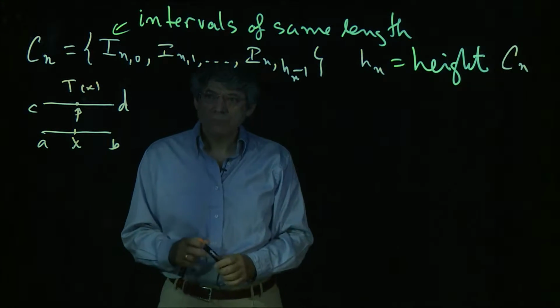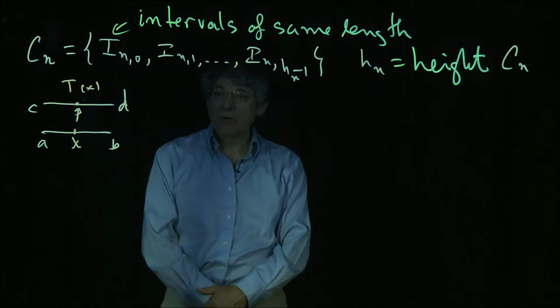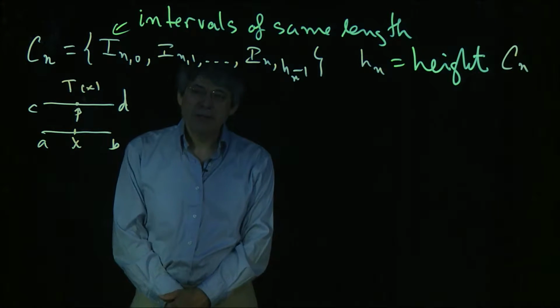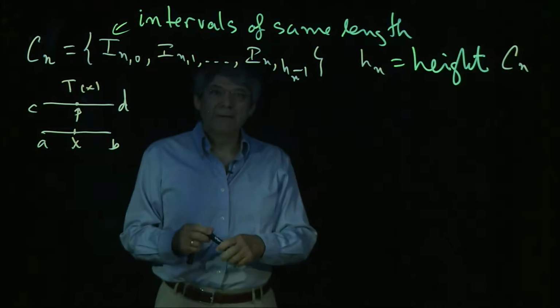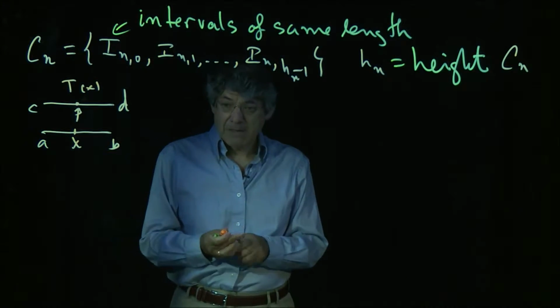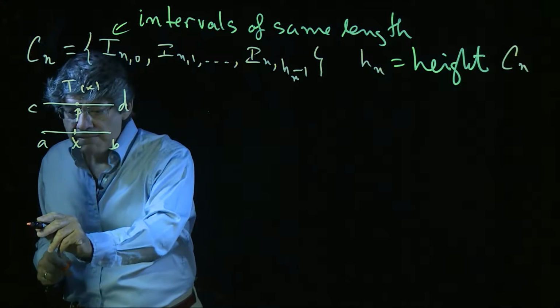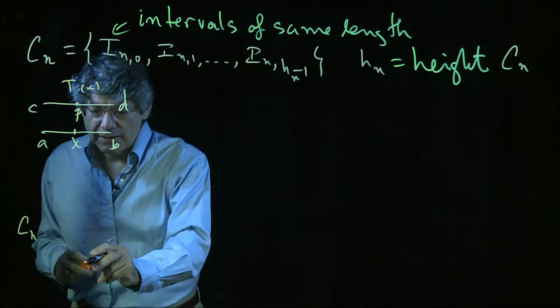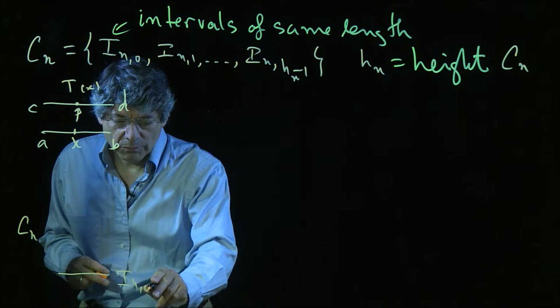Okay? So with this idea that any two levels have a unique orientation preserving translation between them, we can then define a column map. Given a column, we can define a column map. So let's look here at a column, and let's suppose you have a column Cn. You have the bottom level here, which is I sub n0.